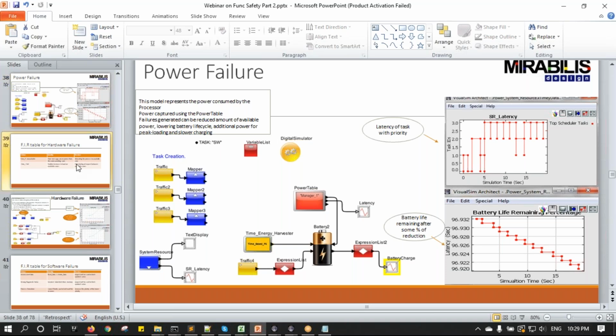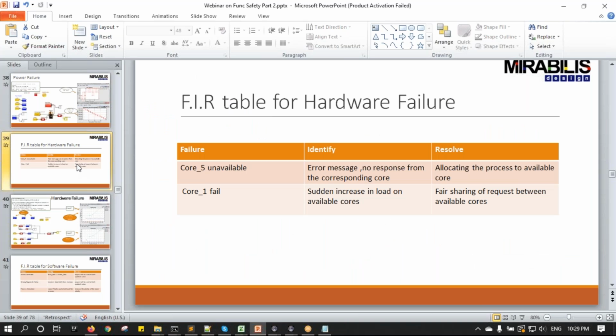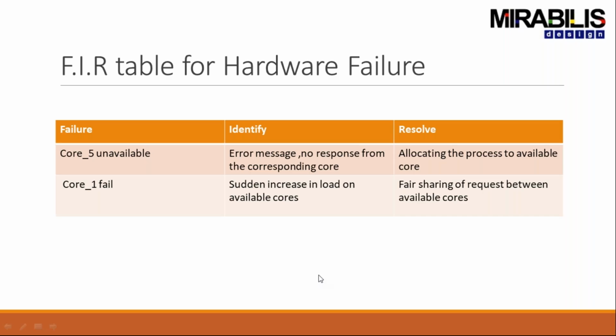Okay. Moving on to the hardware failure. For hardware failure, we have failures like core 5 unavailability, or any core, whichever one of the cores fails. So how are we going to identify it, and how are we going to resolve it?